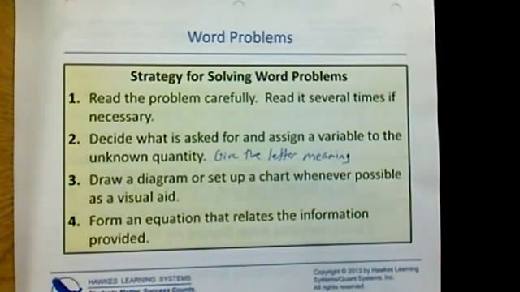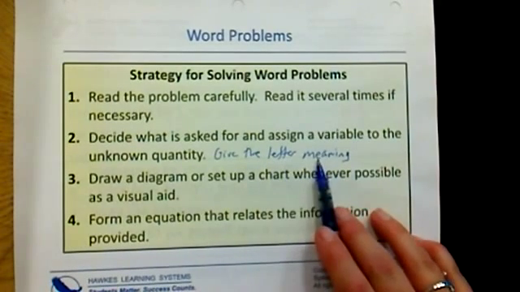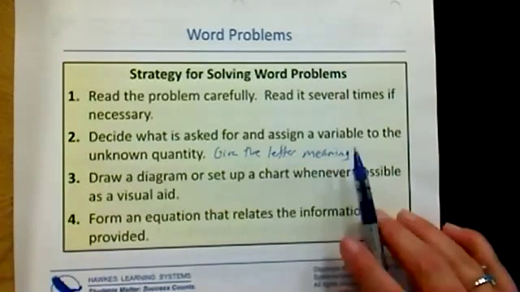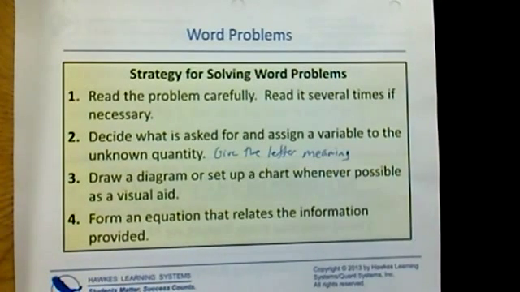So if you're talking about air currents, make it an A. If you're talking about miles, make it an M. If you're talking about hours, make it an H. Don't just start sticking X's and Y's in unless you have to, because the more meaning you give those letters, and the more that letter has a relationship to that story problem, when you get your answer it's going to make a big difference. So make sure that you give that letter some meaning. The letter designates what you're looking for.